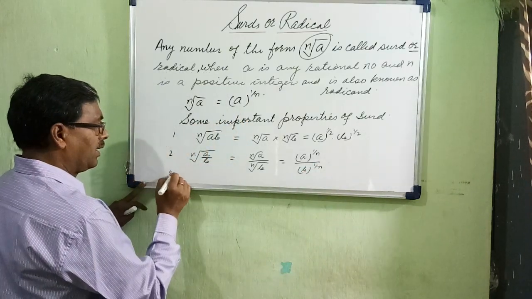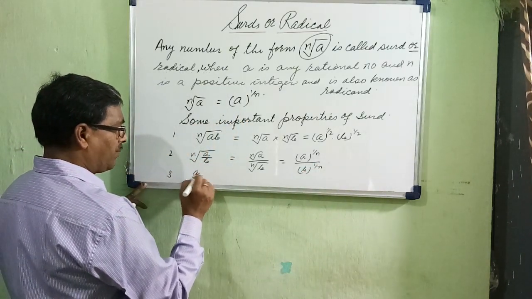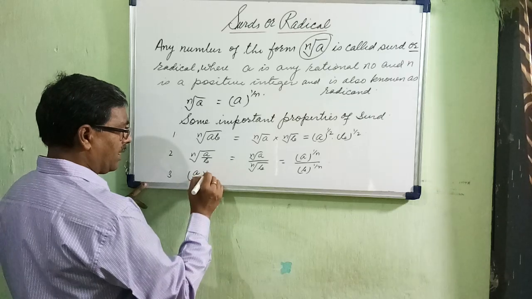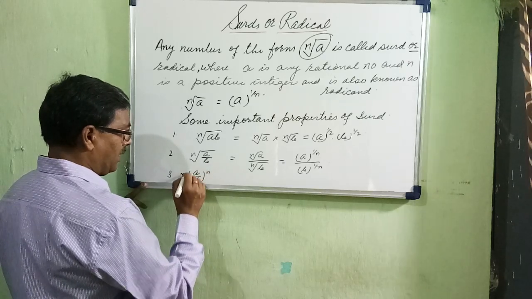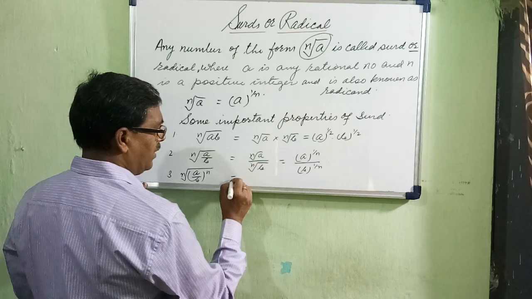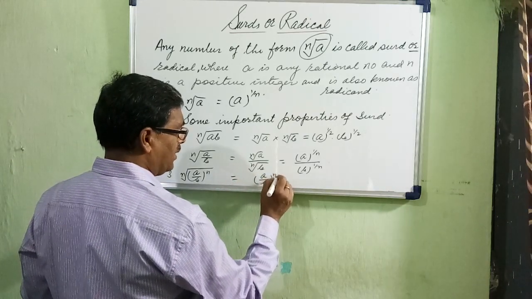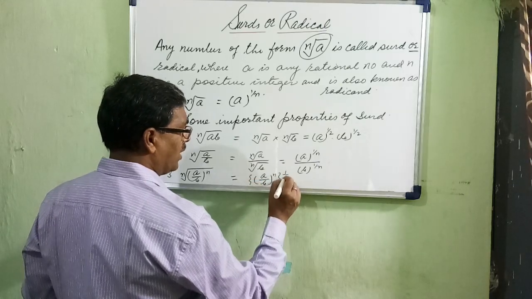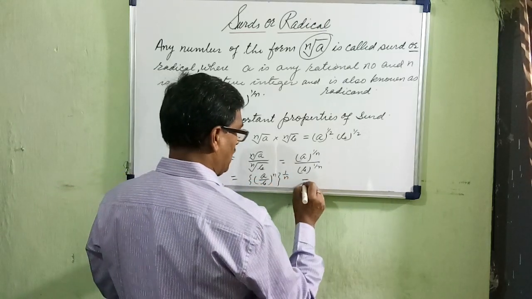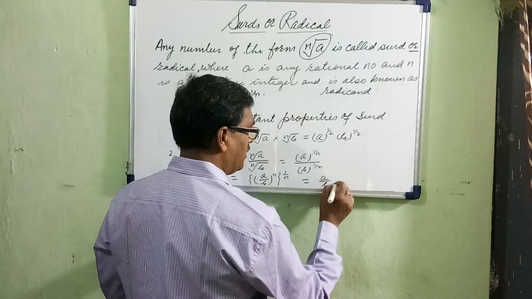And similarly, if suppose you have a by b to the power n, its nth root, then it will be equal to a by b to the power n, to the power 1 by n, and this is equal to a by b.